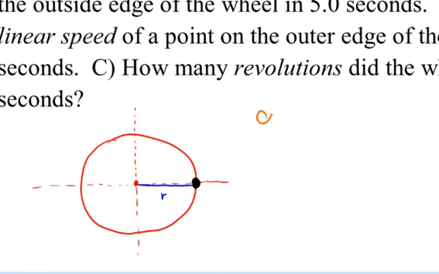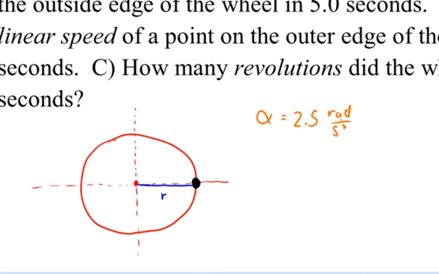They tell us that the angular acceleration is 2.5 radians per second squared. So this object is going to be moving in a circular path and picking up linear speed as it does so. We're trying to figure out the linear distance traveled by the point on the outer edge of the wheel in 5 seconds.